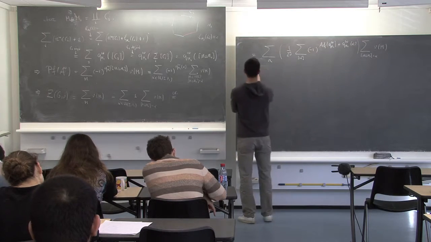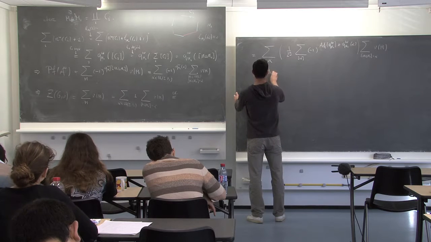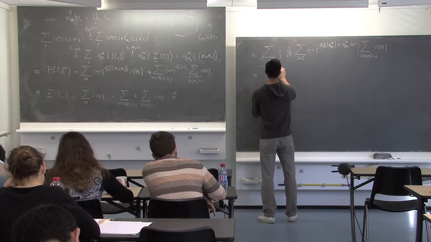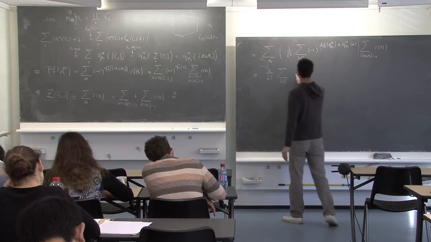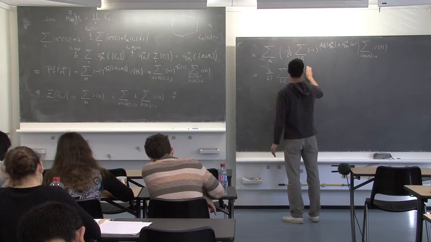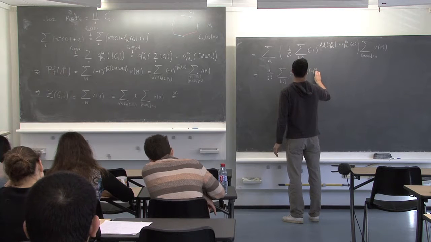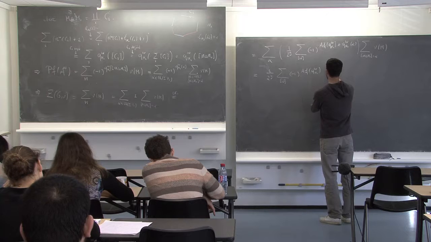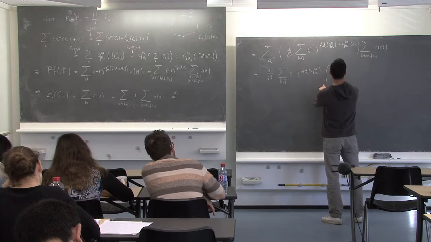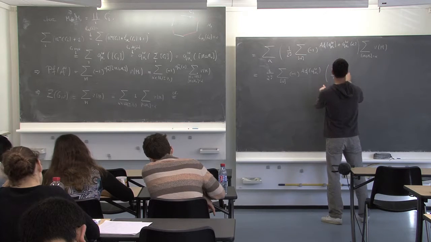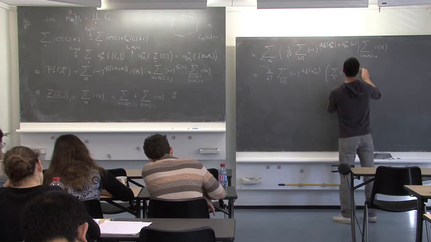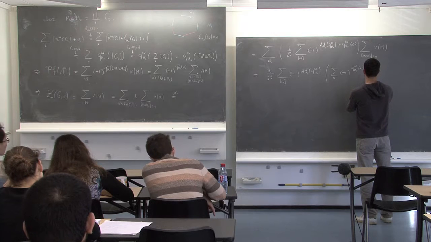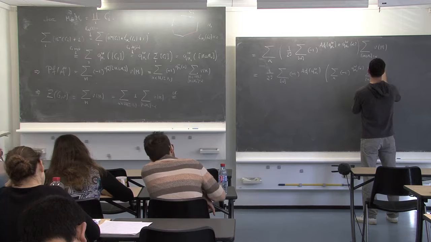So I rearrange these sums: I have 1 over 2 to the g, sum over classes of Kasteleyn orientations, -1 to the Arf invariant of this, and then I have the sum over alpha, -1 to the Q omega M0 of alpha, sum this.